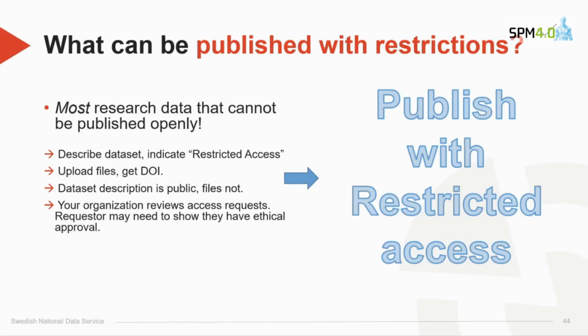Someone who wants it requests it directly from the data depositor. But if you were to publish in your institution's repository, which you probably would if it's personal data, then it's actually your university who has to decide if someone gets it or not. It's not you as a researcher anymore.